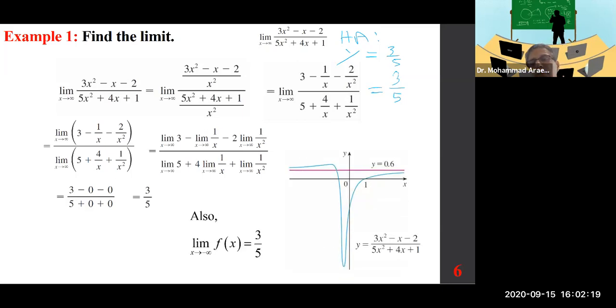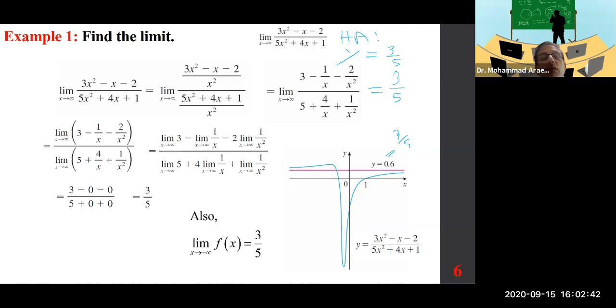If you look at the graph, and by the way, 0.6 is equal to 3/5. So if you look at the graph, when you take a limit of f of x as x approaches infinity or negative infinity, by the way, it gives you the same result because the technique is the same.